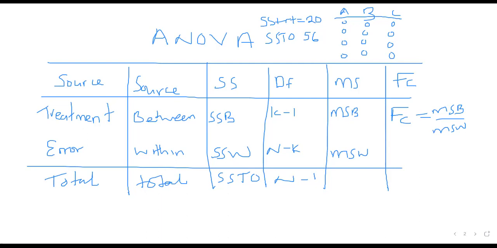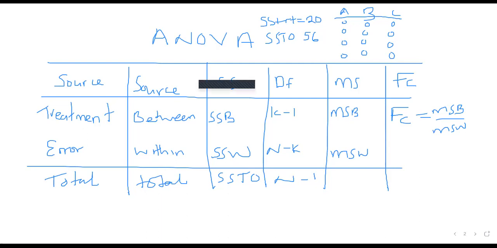And what is our N? Our N is 12. Are we agreeing? Are we together so far? Yes.